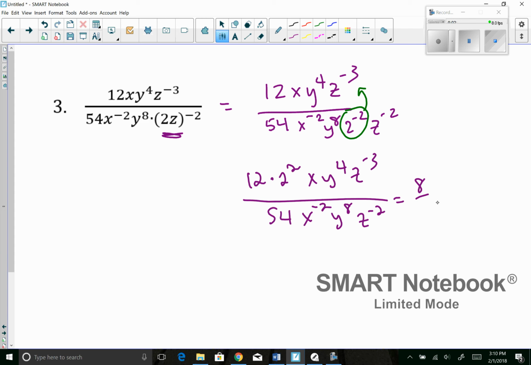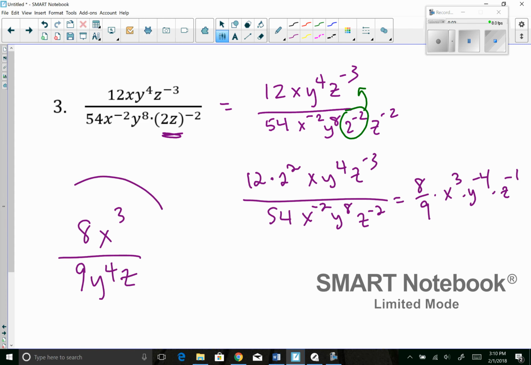So I have 8 over 9. The x's, 1 minus negative 2 is x to the 3rd. Nice, positive. 4 minus 8, oh, negative number. And negative 3 minus negative 2 is negative 1. So then I can figure out what goes on top, what goes on bottom. So my final answer is going to be 8 x to the 3rd divided by 9 y to the 4th, z to the 1st.